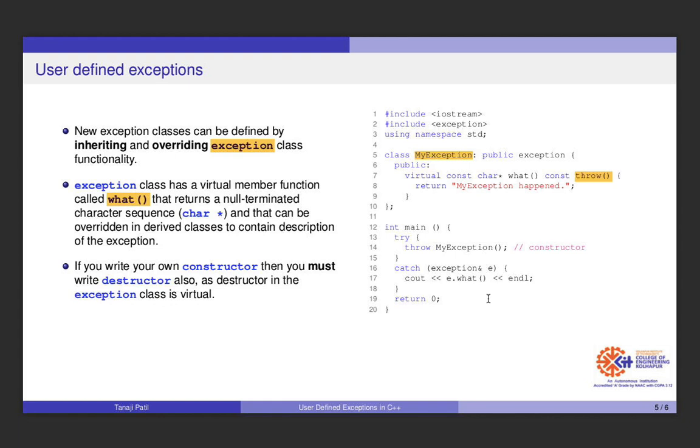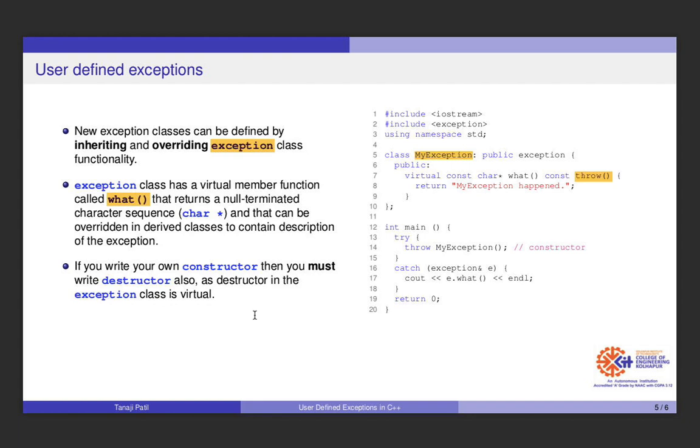And because it is a virtual method, depending on the contents of e, not depending on the type of e, the what method will be called. Definitely this will display my exception happened.